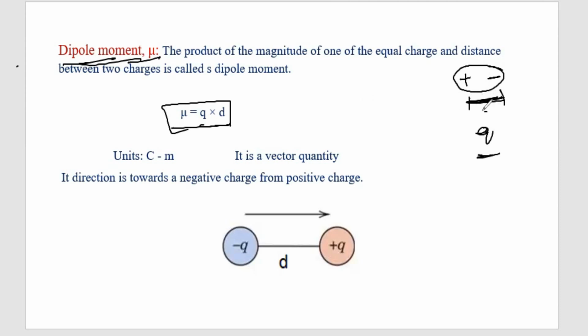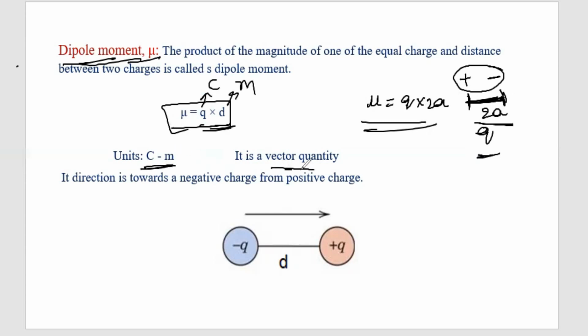As in the previous figure, we have taken it as 2a, so we can write mu is equal to q into 2a also. Whatever distance we are taking, basing on that, this formula will be changing. If we are taking 2a, it is q into 2a. If we are taking d, it is q into d. Units for this dipole moment is Coulomb meter. It is also a vector quantity. Its direction is from negative charge to the positive charge.